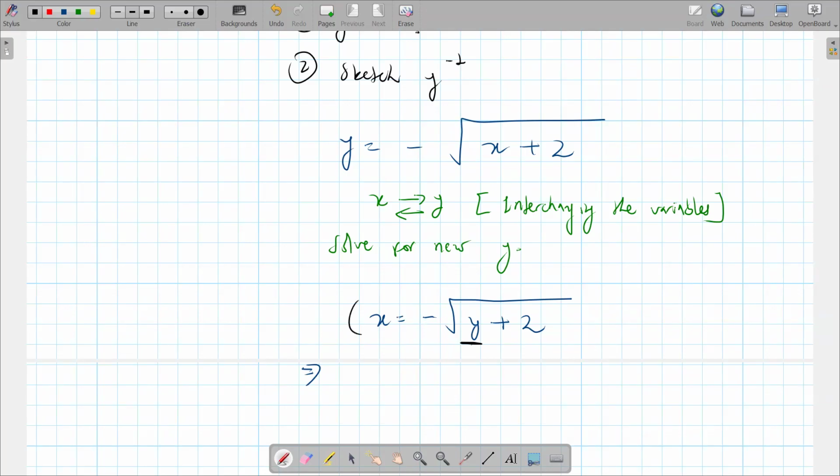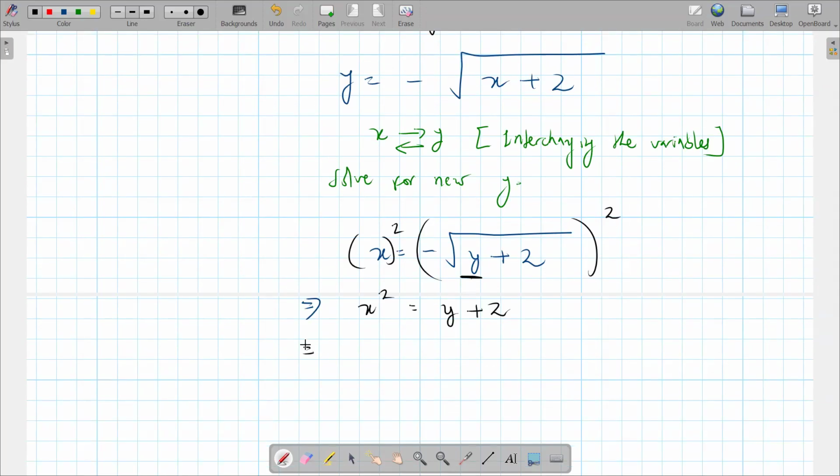What I'm going to do is square both sides. So on the left, we get x squared. On the right, the negative sign squared is positive, so it disappears. The root squared, the root disappears. So we're just left with y plus 2. And then finally, subtract 2 from both sides. So there you go, that's the inverse.